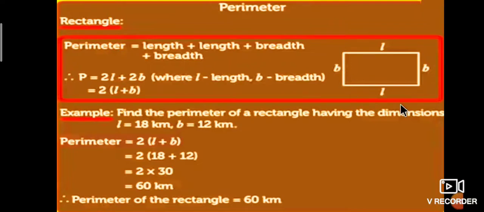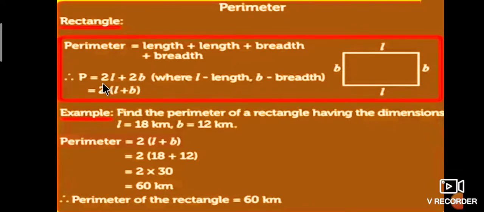In short form, perimeter P is equal to 2L plus 2B, where L is the length and B is the breadth.